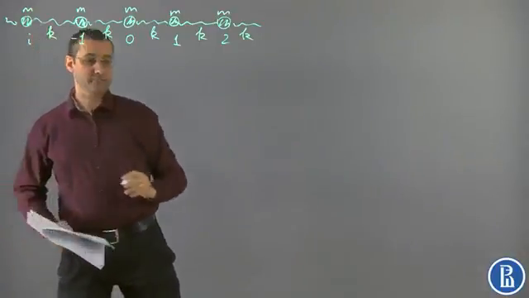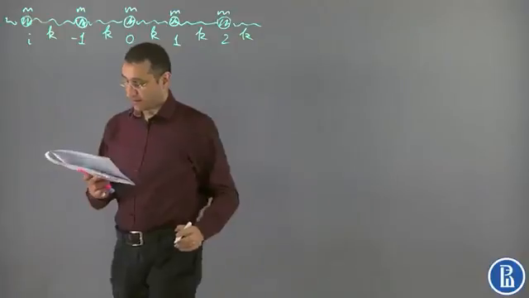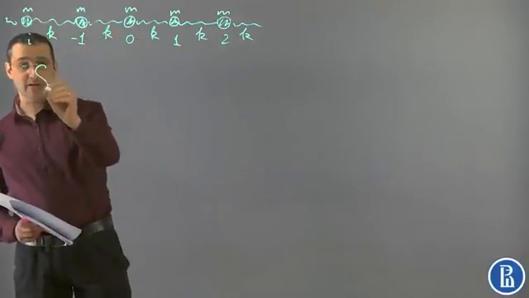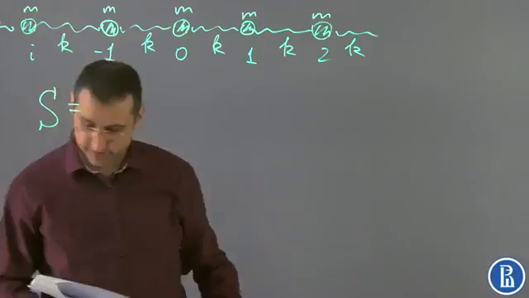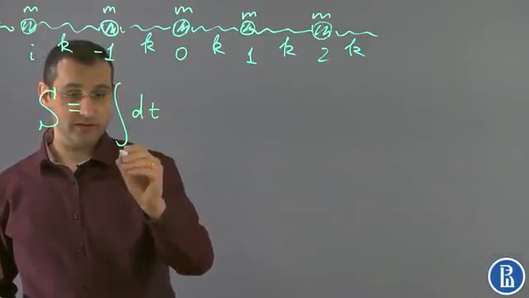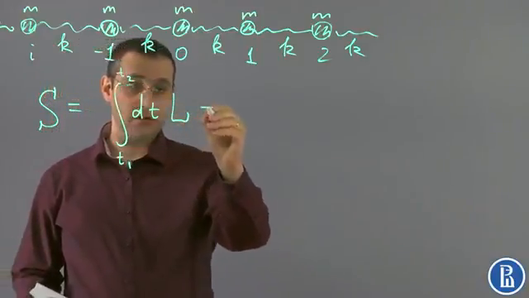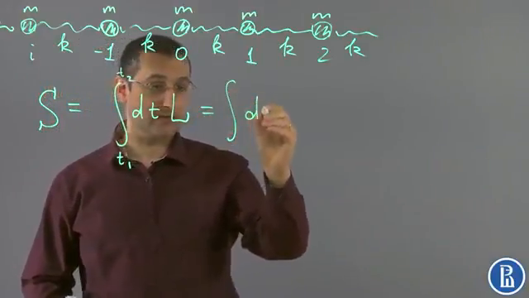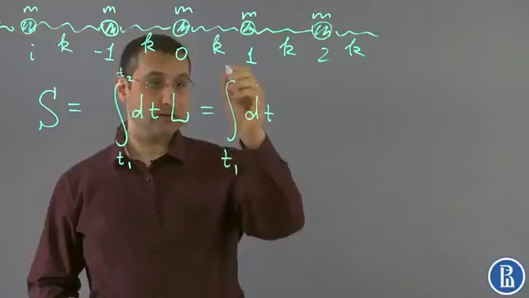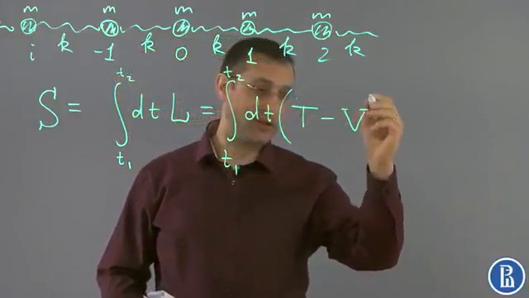It is not hard to find that the action for this system is just the integral over dt from t1 to t2 of the Lagrangian, which is the difference between total kinetic energy and total potential energy.